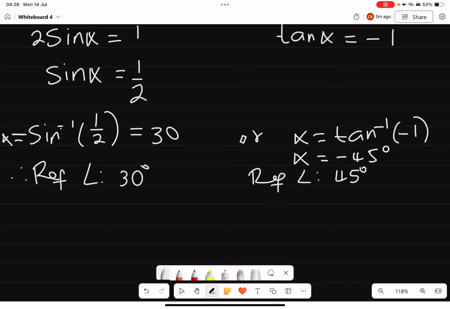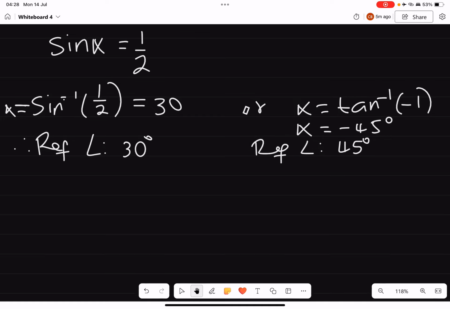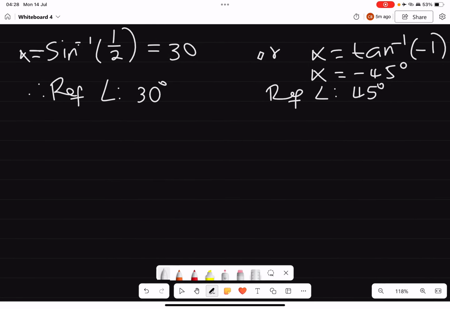Now, we can see that the sine is positive and the tan is negative. So, for the sine, my solutions are going to be in the first and the second quadrant. For tan, my solutions are going to be in the second and the fourth quadrant, because that's where the tan is negative. So what guides me is the sign here.